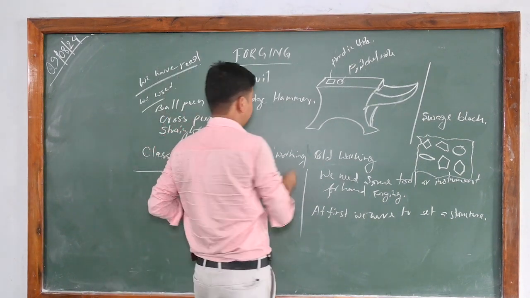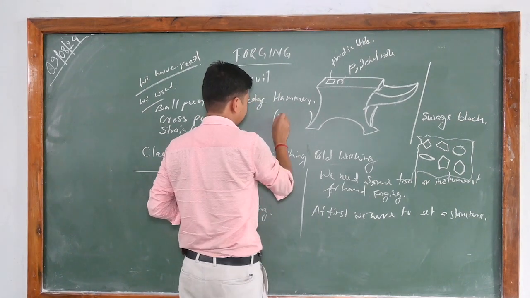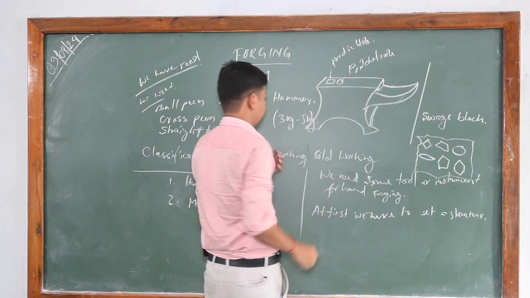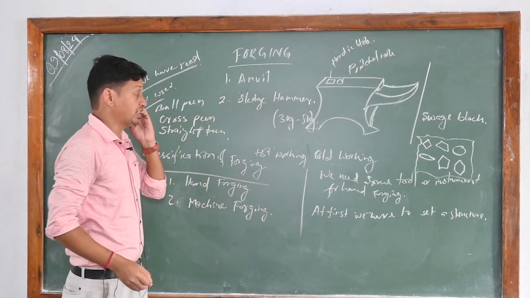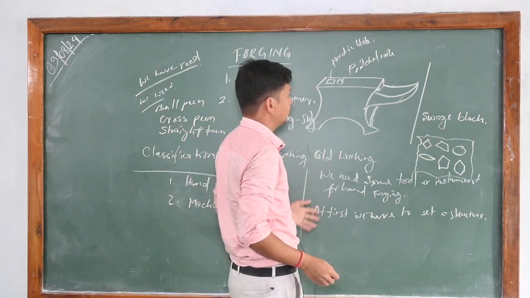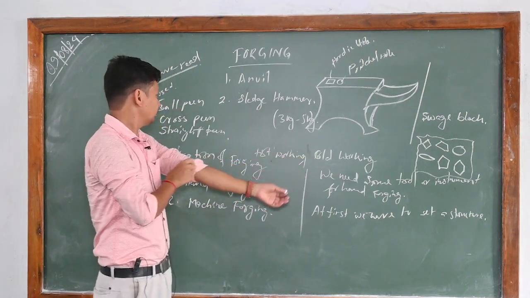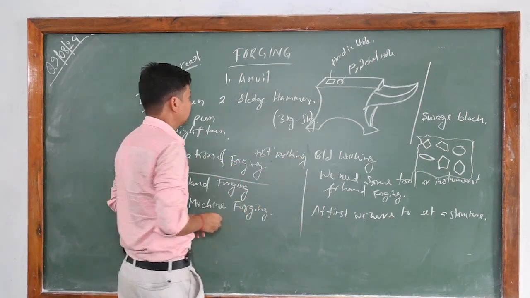In sledge hammer, the hammering portion weighs 3 kg to 5 kg, basically for heating or the shape forming of the forging metals.